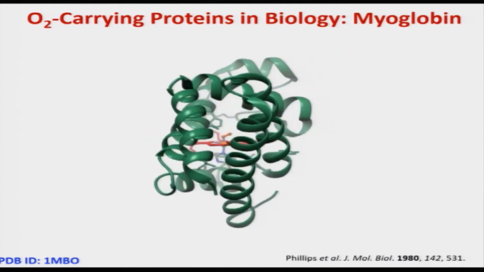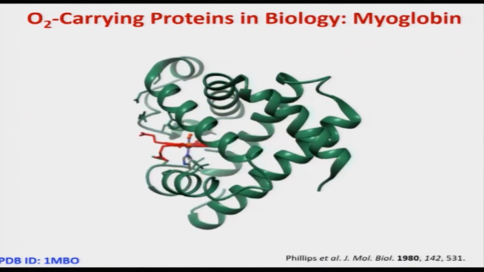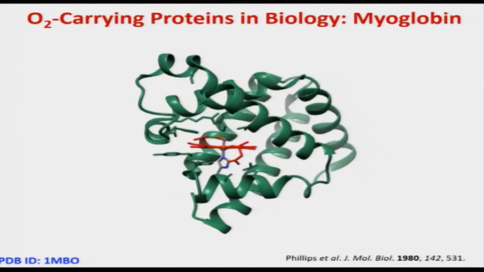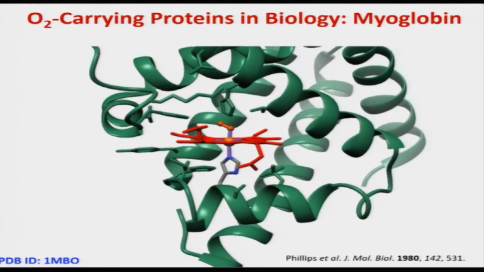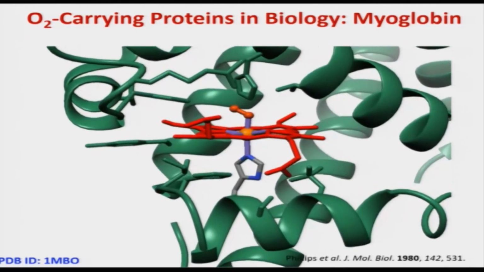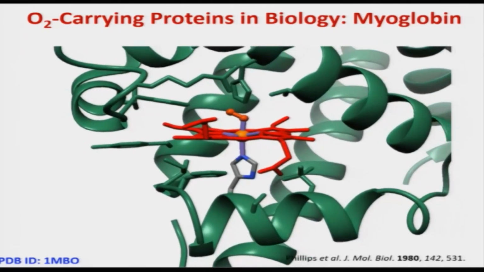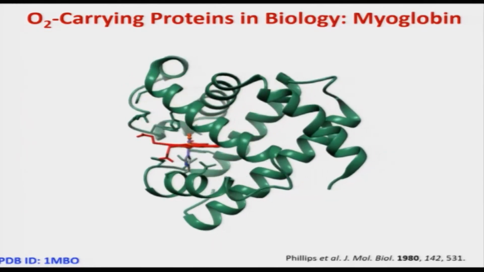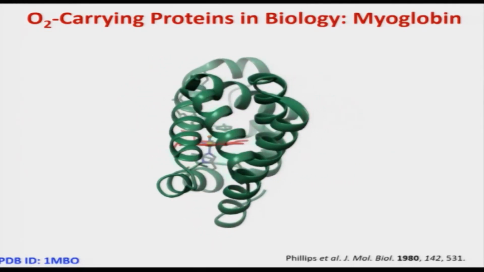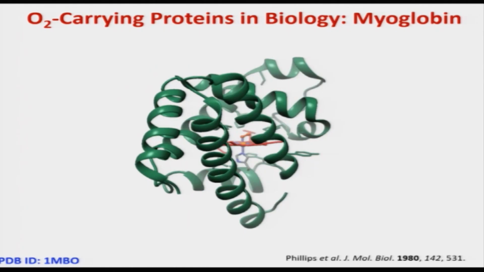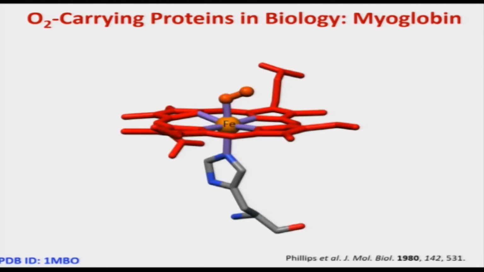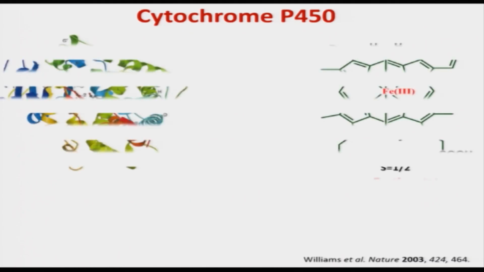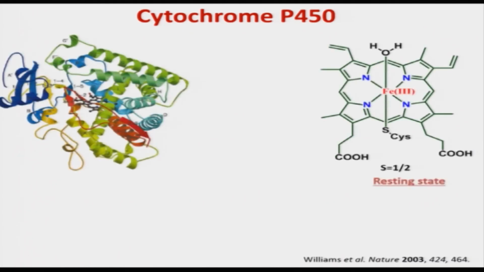In myoglobin, however, this is a monomeric unit, and so one unit binds to dioxygen, as you can see. But the important thing is that although the iron is present in very small amount, it is solely responsible for carrying dioxygen. Another example is cytochrome P450, which I will also discuss in detail in subsequent lectures.